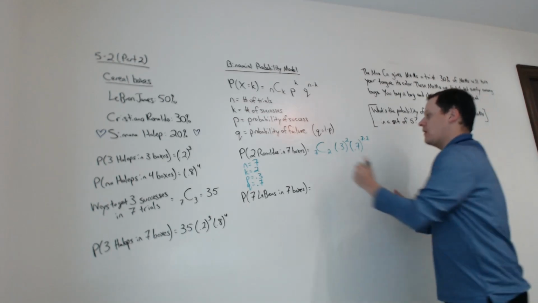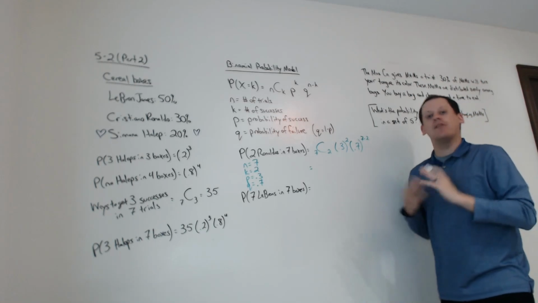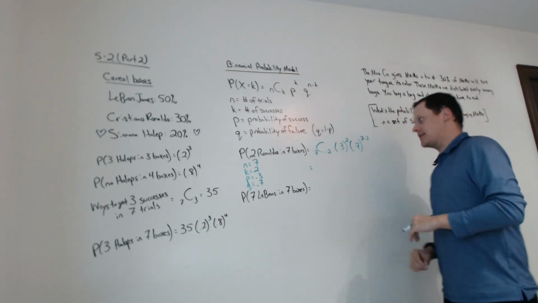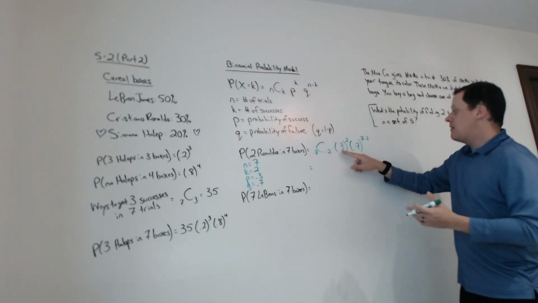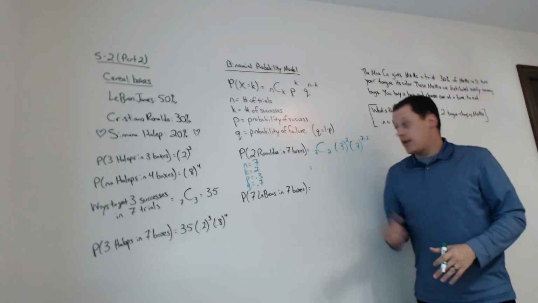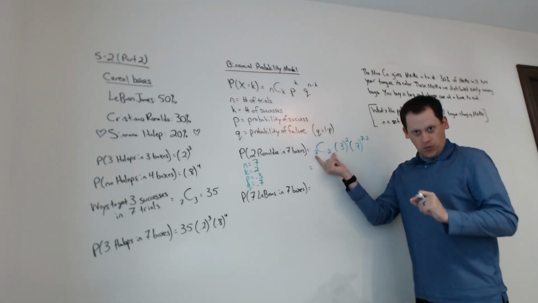And I will write all that out. I know that's 5, but I write it out using the model that's here, just so I know that I'm not making any mistakes. It's easy enough to type in 0.3 squared and 0.7 to the 5th into your calculator. The sticking point for students tends to be remembering how this works.